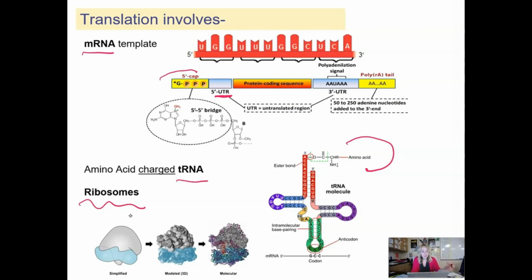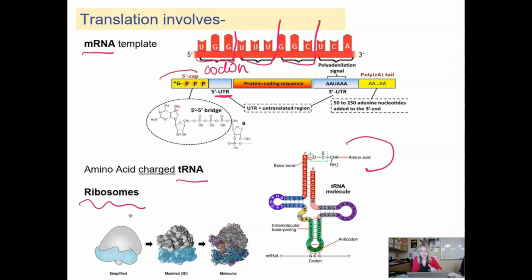And then the message comes in the form of codons. So we have a triplet code here. These three ribonucleotides are going to make up one codon. So this is a codon. One here, here's another one, here's another one. So we would have to read the codons to figure out what amino acid they code for.